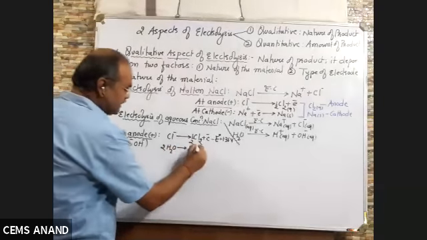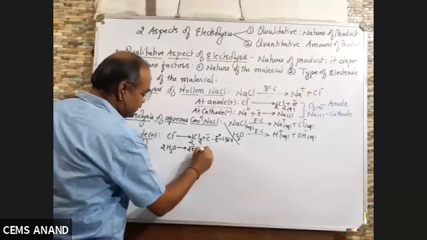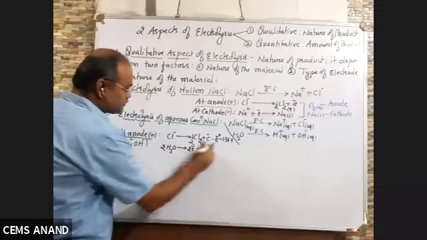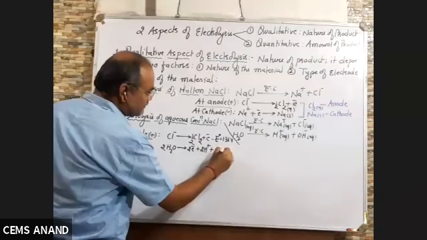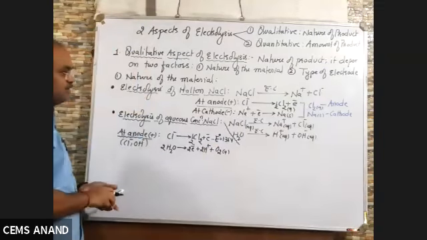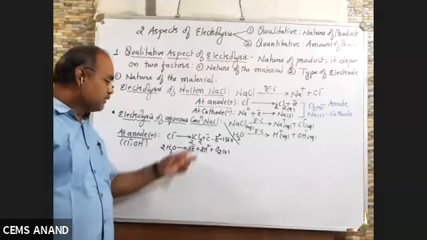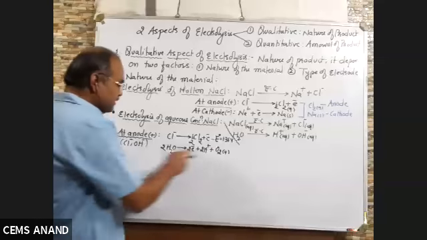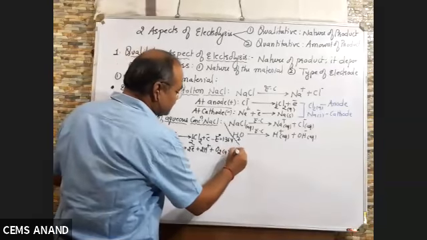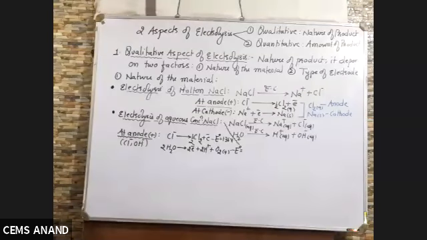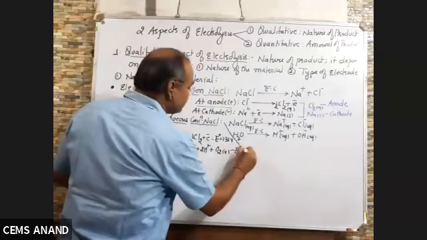If water loses electron, it becomes positive 2H plus, plus, what is left, O2. Right? There is possibility of O2 gas. Now, out of these two, which is correct? Here, the value of water is also given. The E0 value is 1.23 volt.